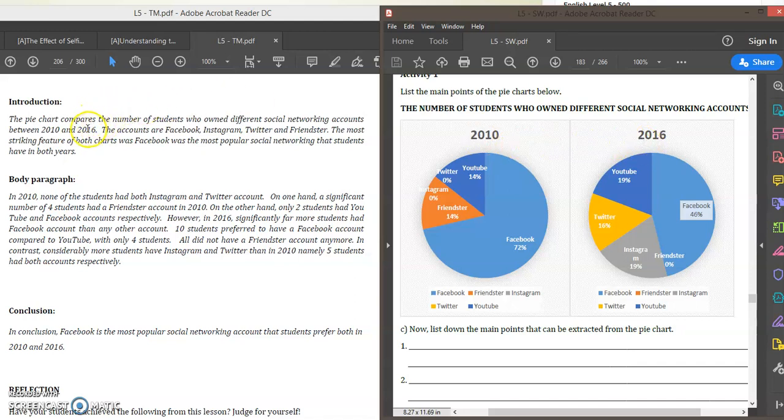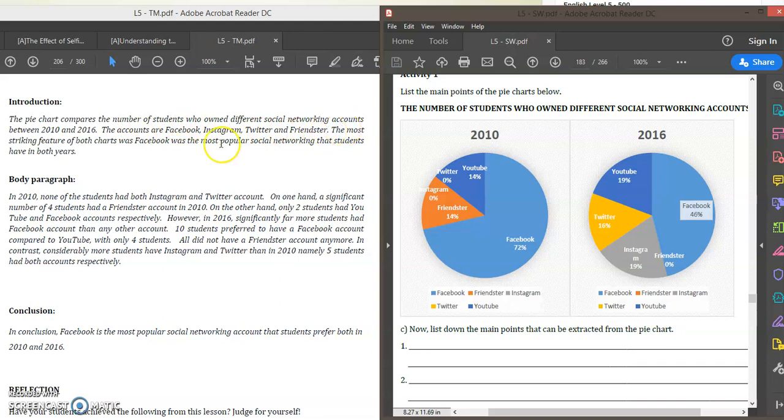So we have the description of the graph, and secondly we have the overview of the pie chart. It says here the accounts of Facebook. The second sentence is still the description of the graph. The third sentence is the overview.